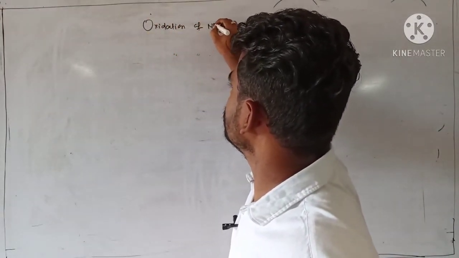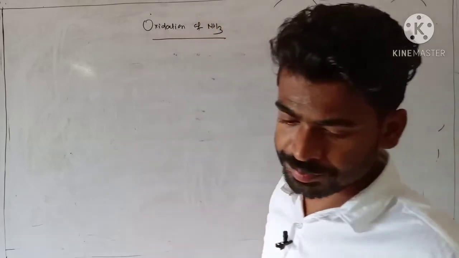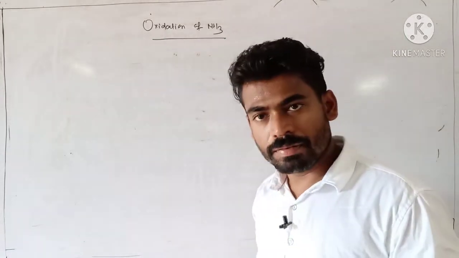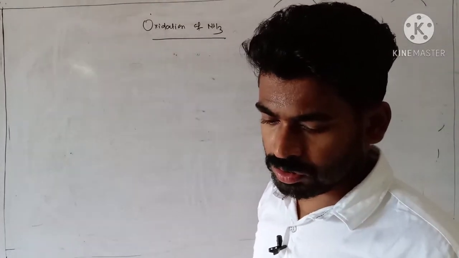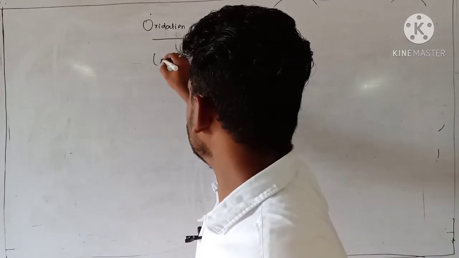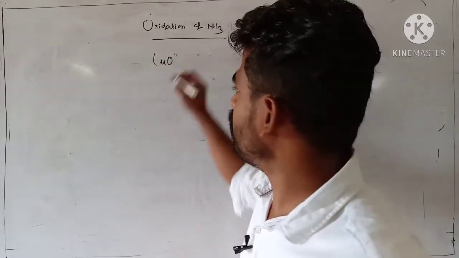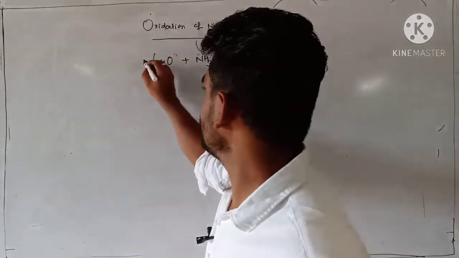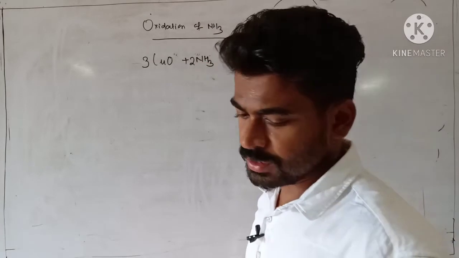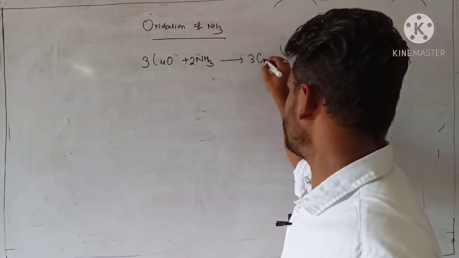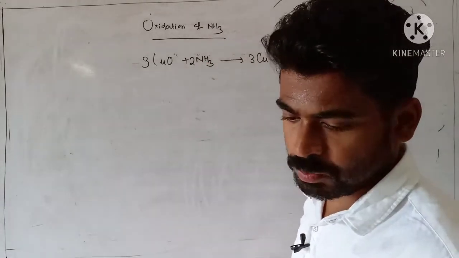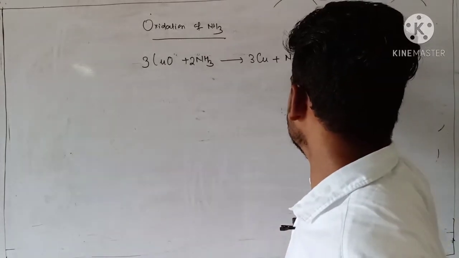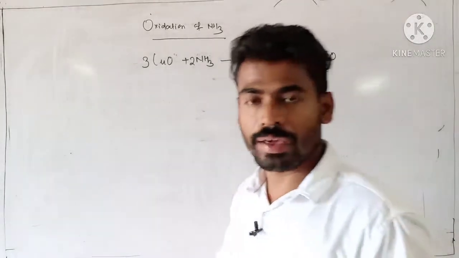Oxidation of ammonia. Oxidation means gain of oxygen. There are a few reactions. If cuprous oxide is treated with ammonia, 3Cu2O plus 2NH3 will give you 6Cu plus N2 plus 3H2O.